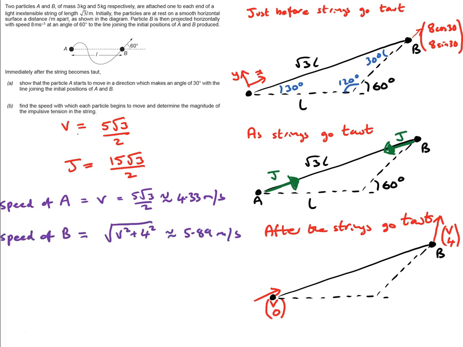So the speed of B is the square root of v squared plus 4 squared, which gives us roughly 5.89 meters per second. And the magnitude of the impulse is the size of j, which is 15 root 3 over 2, or roughly 12.99 Newton seconds.